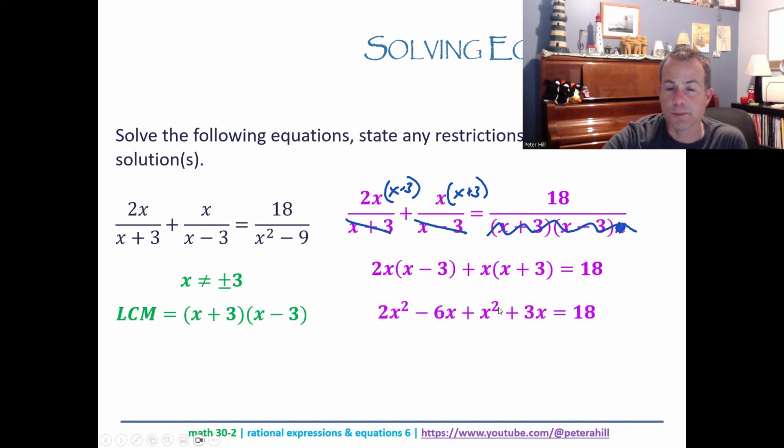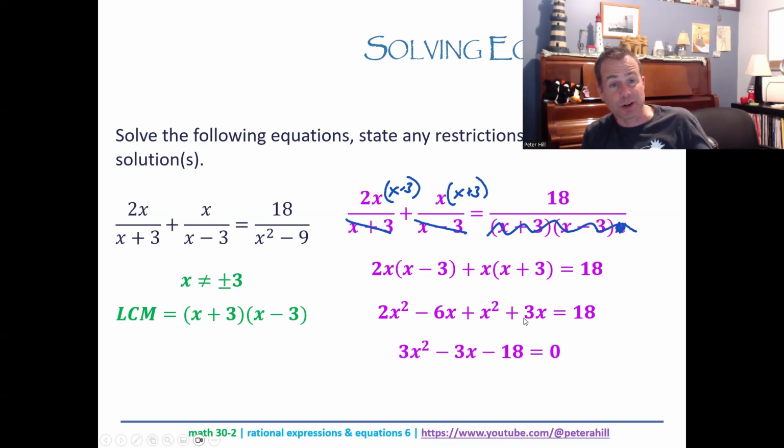Now, 2x squared plus x squared is 3x squared, just combining like terms here, right? Negative 6x plus 3x would give me negative 3x. And then the other thing I did was just bring my 18 over because I can see here that it's going to be a quadratic, and I know that I want to try and factor. And to factor, everything has to be on one side, and it has to equal 0. Okay.